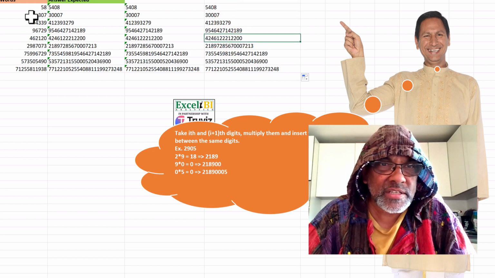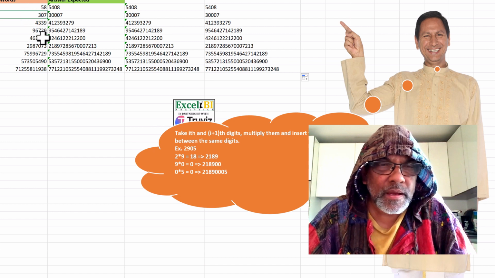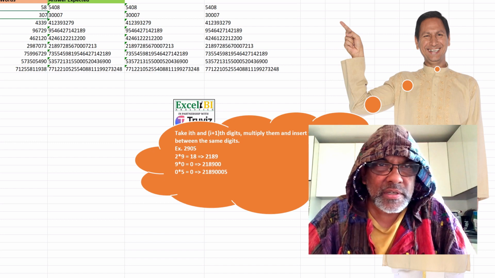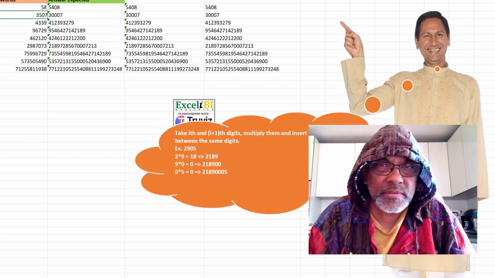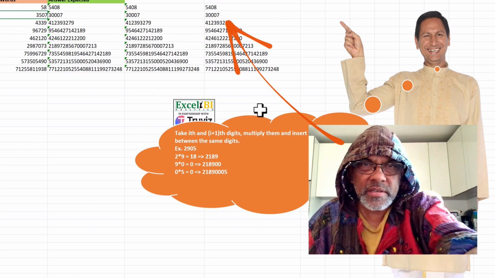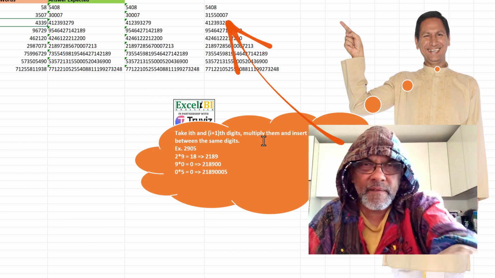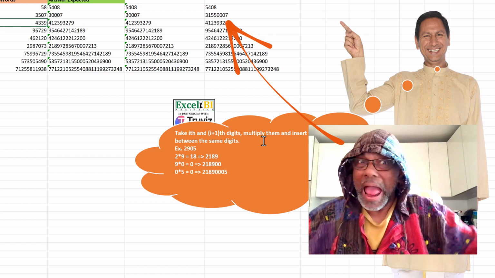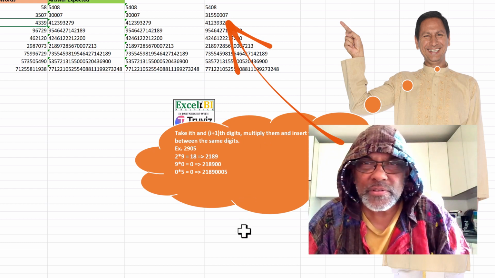So I'm going to test that by saying 307, right? I'm going to put 3507, and look at this here, right? Look at this here. All right, beautiful. Don't you love Excel?